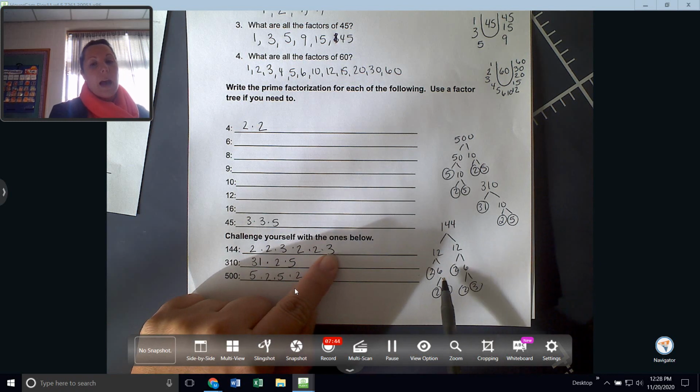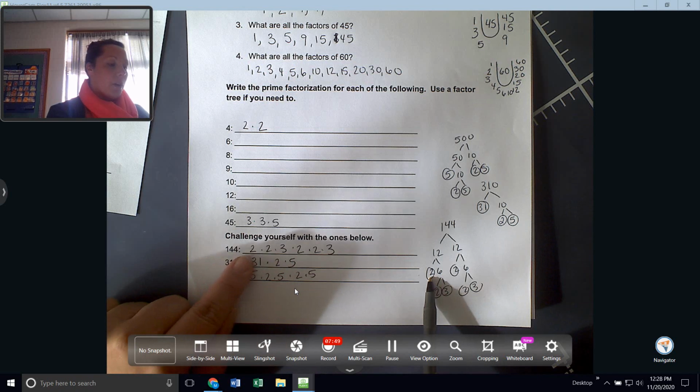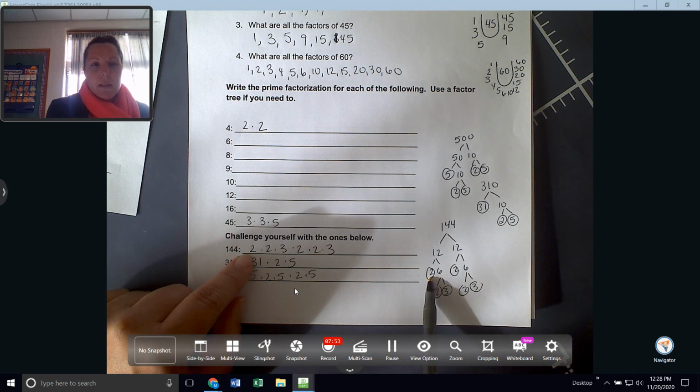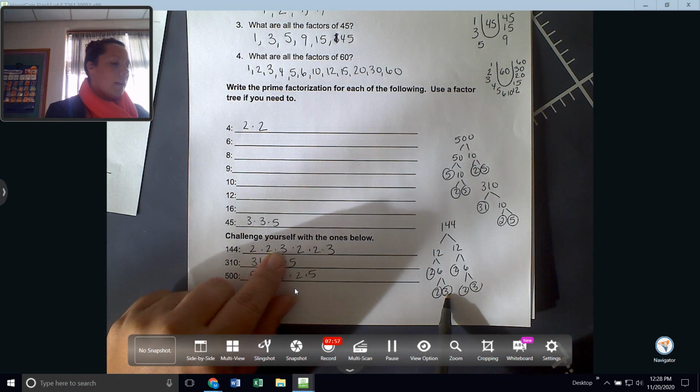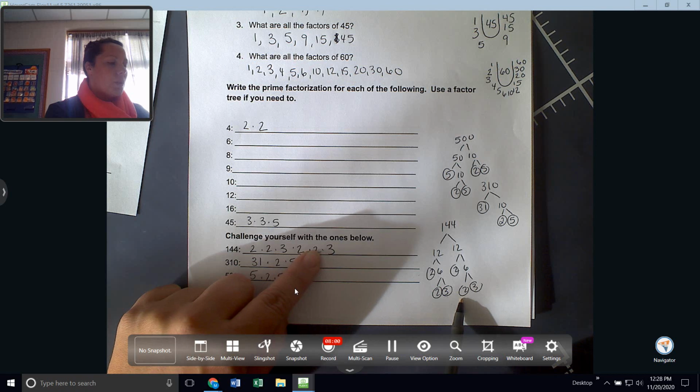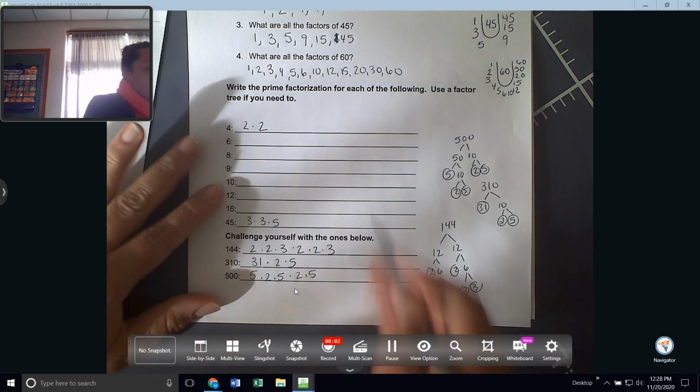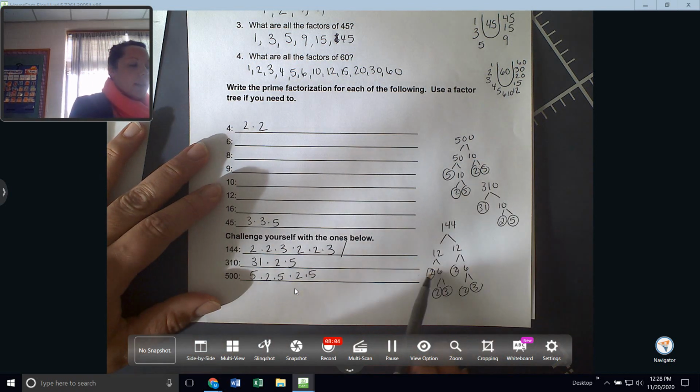So I like to just write the numbers down in the order that I have them circled. It just keeps me organized, I feel like. So I write 2, 2, 3, and then I came up 2, 2, 3. Mrs. McCall likes to write them down in numerical order.